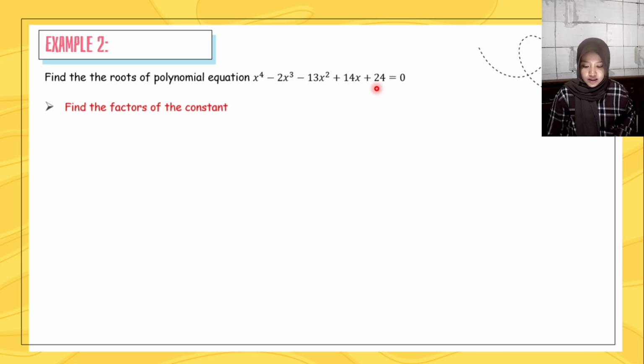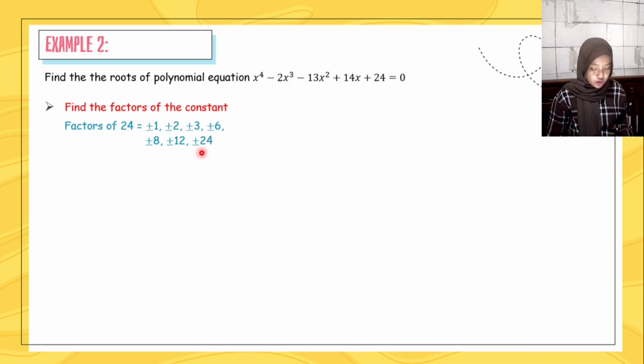Remember, the first step, find the factors of the constant. From this equation, we can know that the constant is 24. So, the factors of 24 are plus minus 1, plus minus 2, plus minus 3, plus minus 6, plus minus 8, plus minus 12, and plus minus 24.